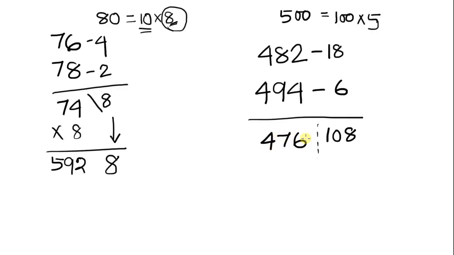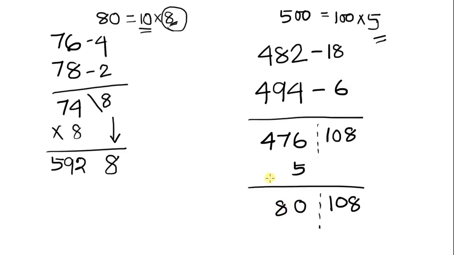Now I have to multiply this by 5. Keep 108 on this side. Multiply 476 by 5: 5 times 6 is 30, so 0 and 3 carried. 5 times 7 is 35 plus 3, 38, so 8 and 3 carried. 5 times 4 is 20 plus 3, 23.